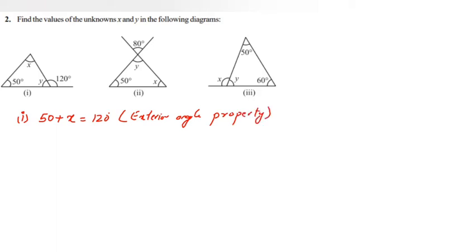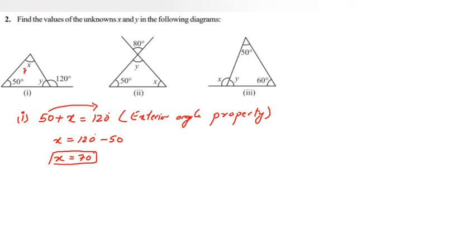So from here we're going to transpose 50 to the other side. So x value will be equal to 120 minus 50. So x is equal to 70 degree.